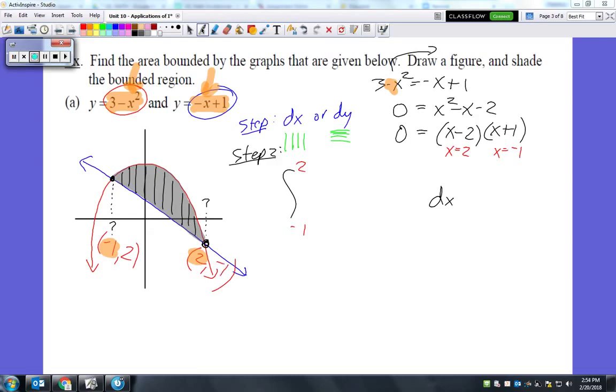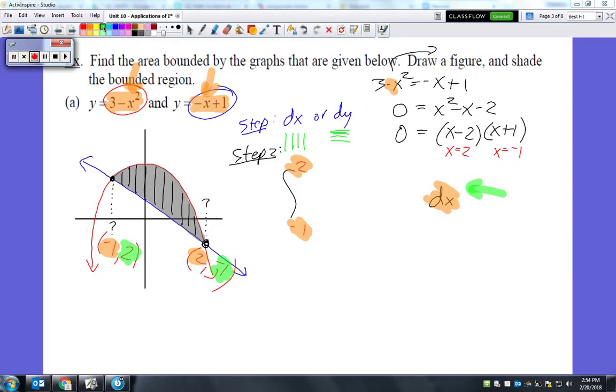It would give us negative 1. So negative 1, 2, and 2, negative 1 are the points, but all we care about are their x values because we're talking about things that are in respect to x. Make sense? We'll only care about it later when we plug in. But we're not concerned with the y's is what I'm saying. We don't care about these when we're in x language.